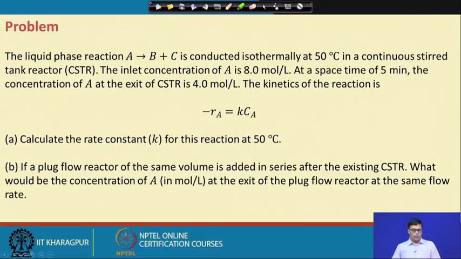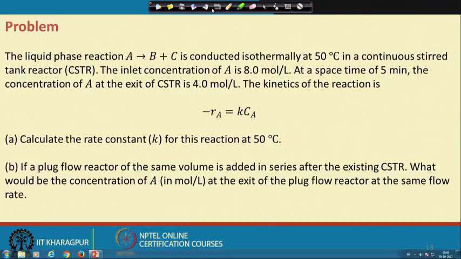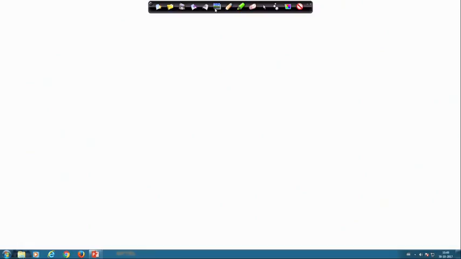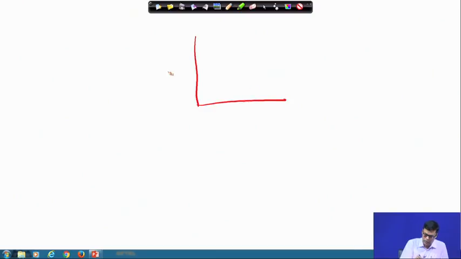Now, the last problem that I am going to discuss is also very interesting. Before I go to the problem, let me discuss something that I tried to explain before. Suppose we have a plot of minus RA versus CA, am I right? And we have a plot like this.